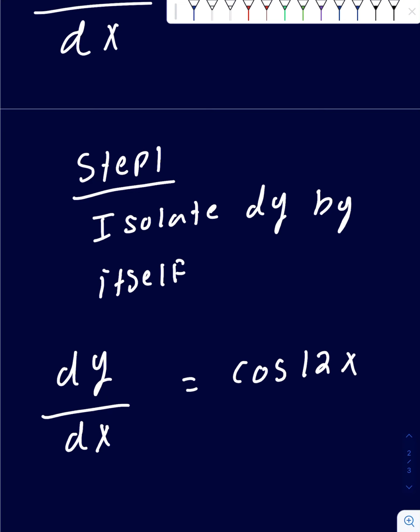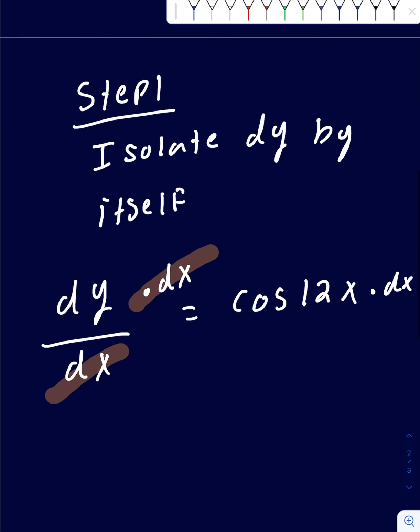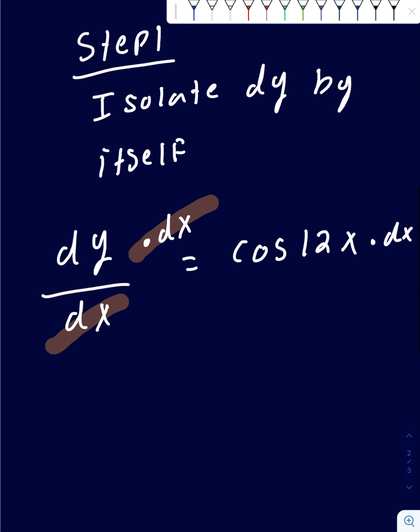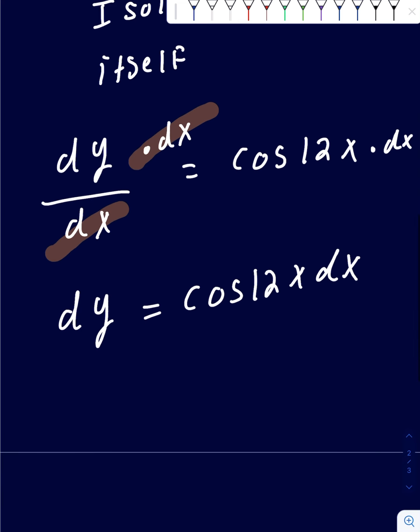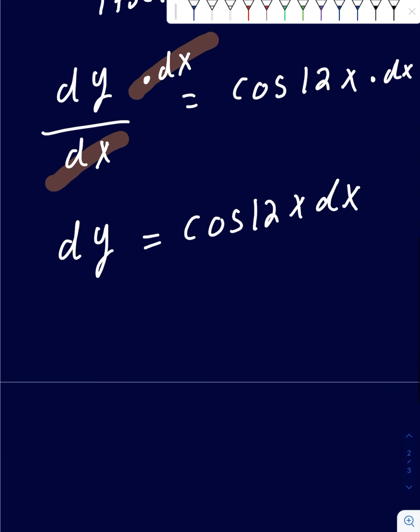To isolate dy by itself, we simply multiply dx to both sides. This will simply cancel out the dx. So it's going to be dy is equal to cosine 12x dx. So we're done with step one already.